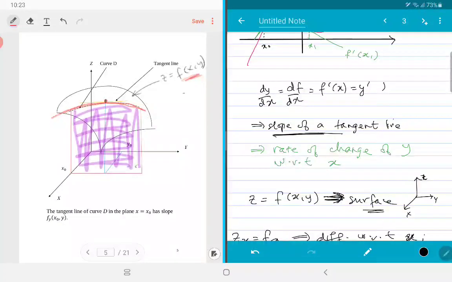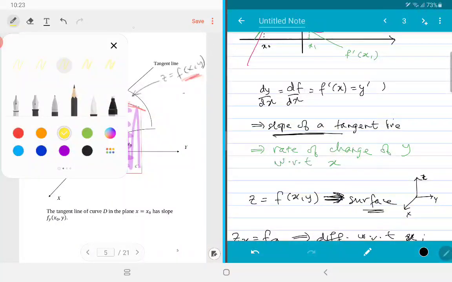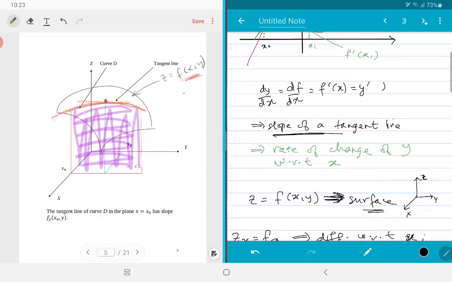For example, if you're here, the tangent line would be like so, but if you're here on the curve, the tangent line would be different. So partial f partial y represents the slope of a tangent line on the intersection curve, where you consider x as a constant. It's very similar to a function with one independent variable. That is one interpretation.